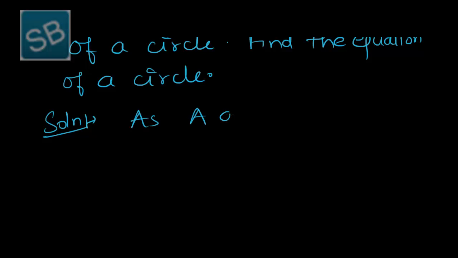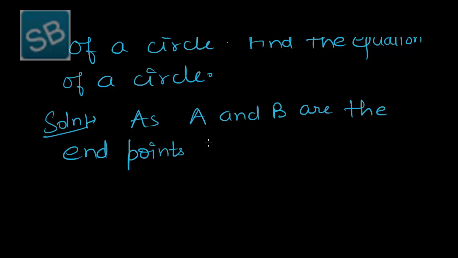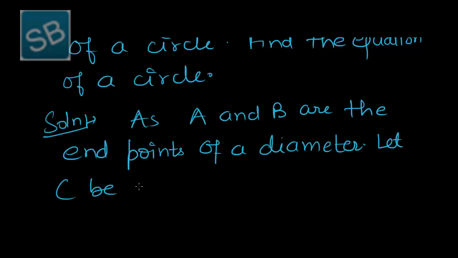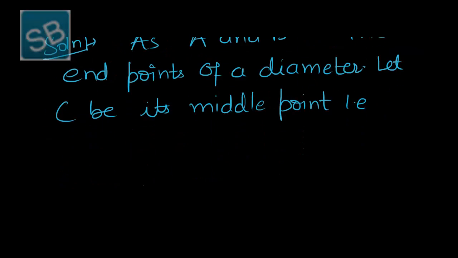So as A and B are the endpoints of a diameter, let C be its middle point, that is the center of the circle.